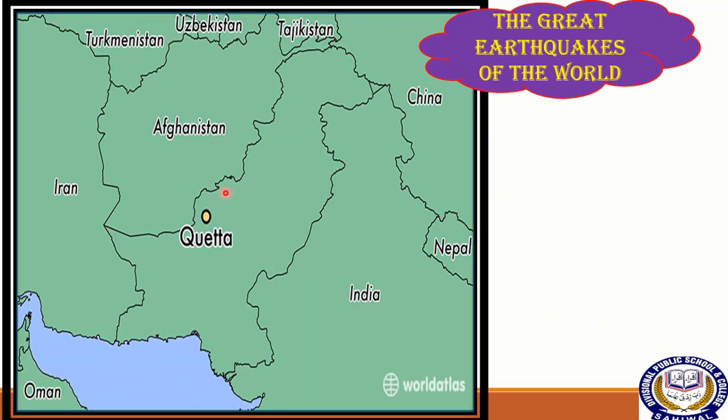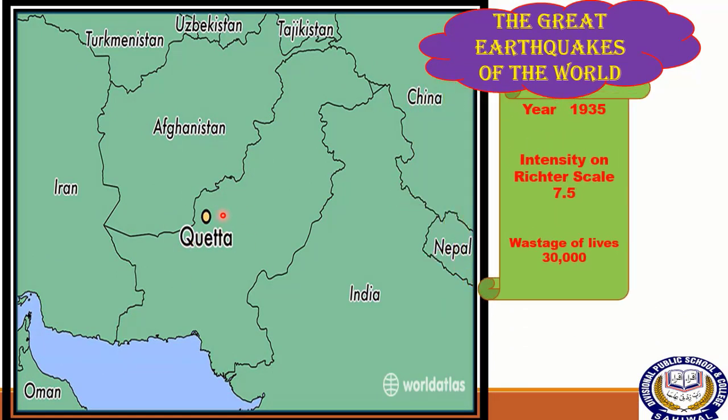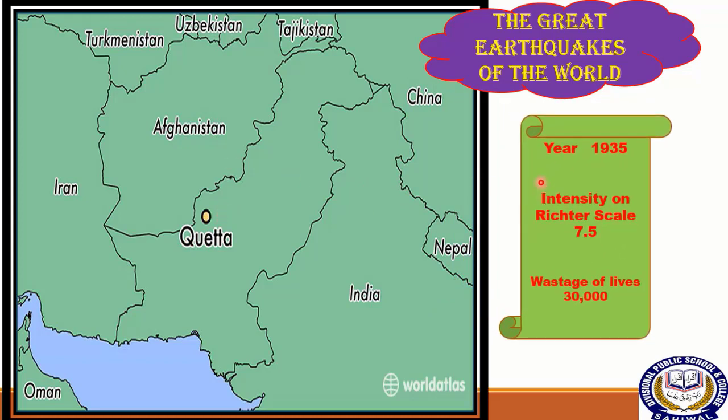You can see the location of Quetta on the Pakistan map. An earthquake came over here in 1935. The intensity on the Richter scale was 7.5. Loss of lives: 30,000 people died at that time.